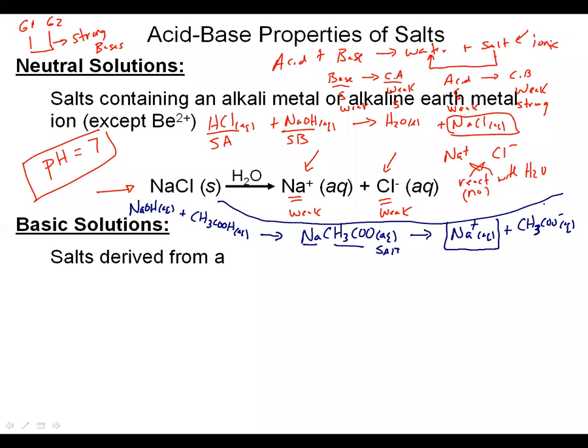So again, the relationship is this is a strong base, which means the sodium is relatively neutral, and what that means is that essentially what you have is sodium acetate and water being made from this original reaction.